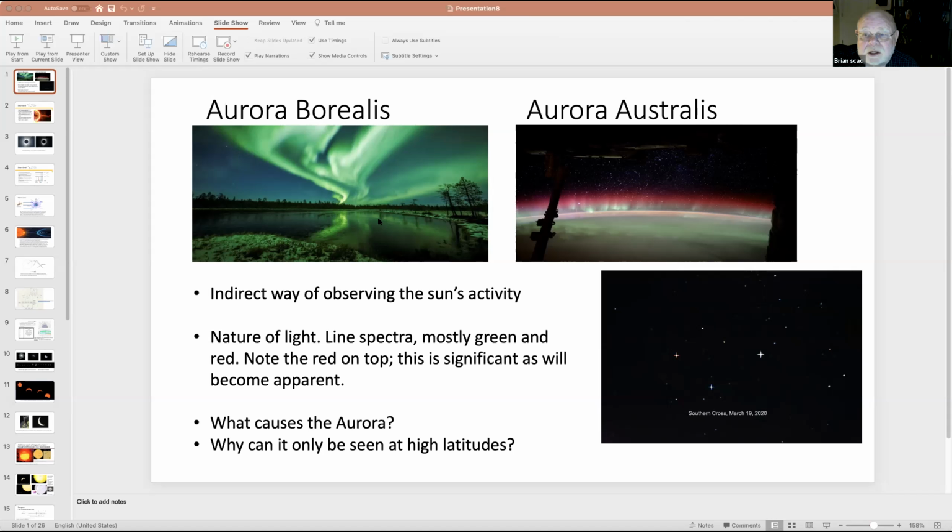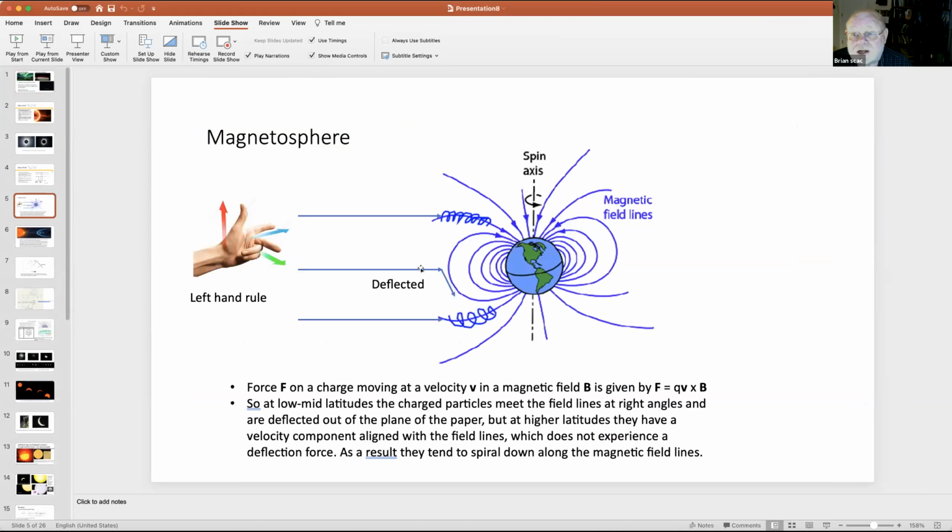And the other thing I was forced to learn, and Richard can back me up or refute, is that the location of maximal northern lights isn't the North Pole. It is, in fact, around the Arctic Circle.